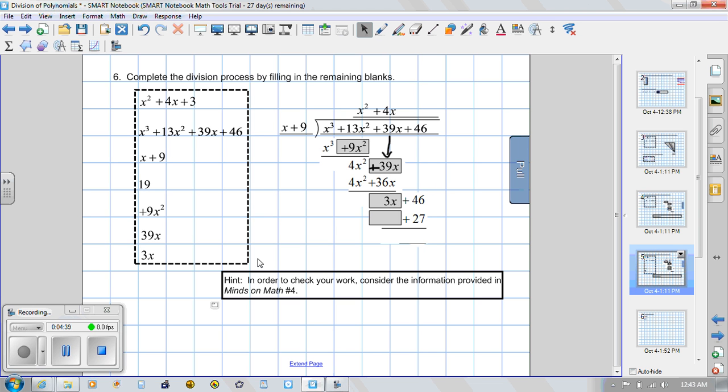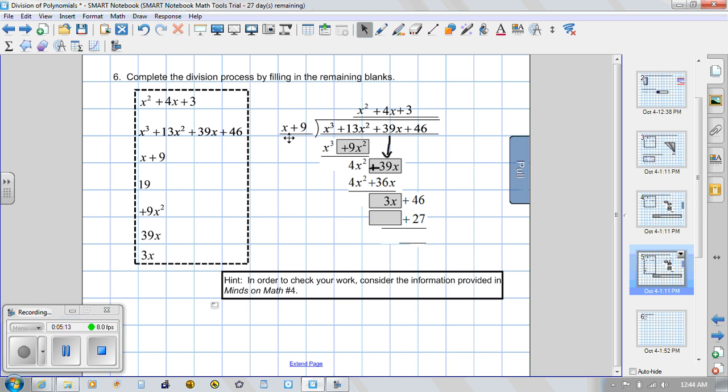Again, the same question remains. What must I multiply the divisor by, that is the x term, to get 3x? The answer to that, of course, is positive 3. So we bring that over into our quotient. And what we should be noting now is that the degree of this term here is less than that of the x term in our divisor.